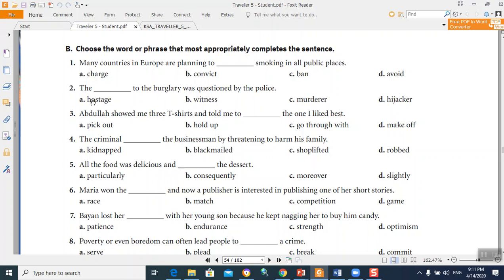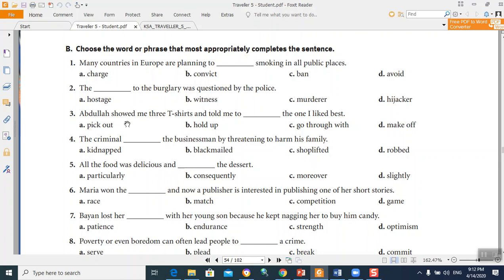So here, hostage means rahina, witness, shahid, murderer, al-qatil, hijacker is al-khatif. So what is your choice? In number 2, the witness is the best word, because the other words don't fit. الشاهد على السرقة.